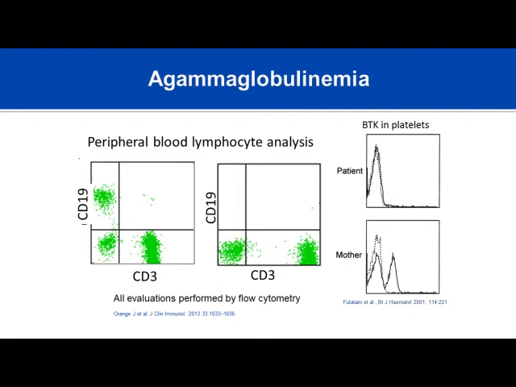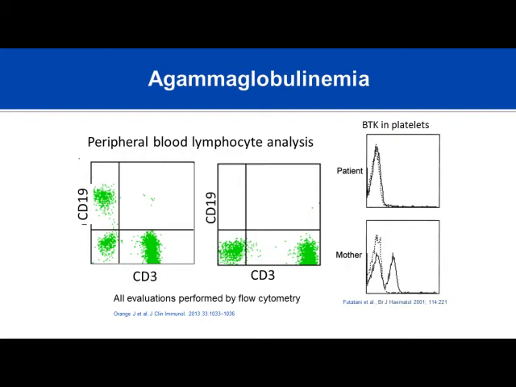And in the majority, that's due to an X-linked disease, again called X-linked agammaglobulinemia, that's due to the deficiency of a protein called Bruton's tyrosine kinase. And that is shown in the 2 diagrams on the right. And in the patient's cells, it would look similar to this diagram, that there is no peak off to the right because there is no Bruton's tyrosine kinase contained in their cells, and these are evaluated in platelets, which also express this protein.